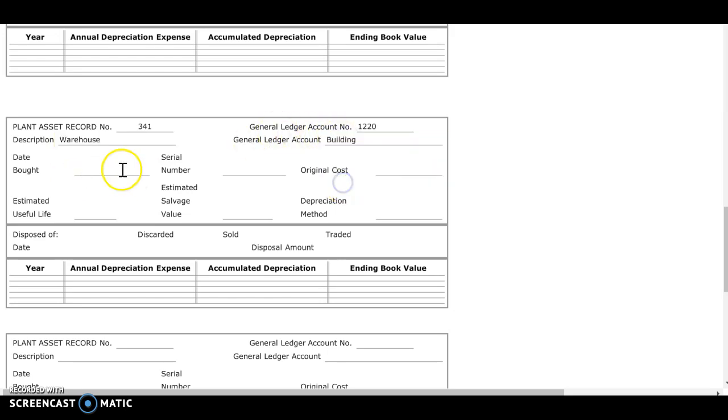And that is our building. We bought it on October 8th. Serial number we don't have, so we'll just put NA there. Original cost was $225,000. Remember, that was our assigned value. Estimated useful life is 25 years. Estimated salvage value is 25,000. And depreciation method is straight line.